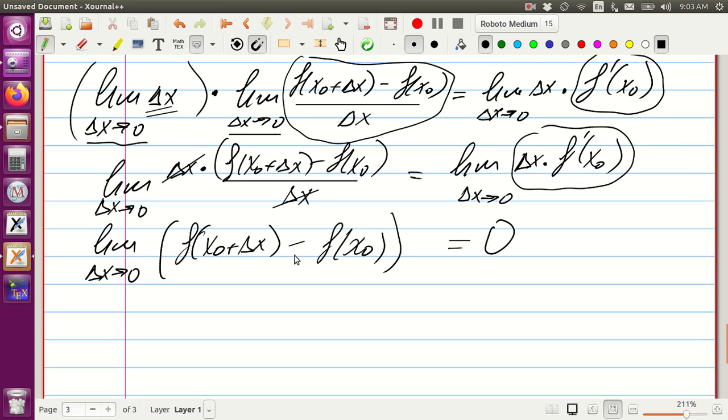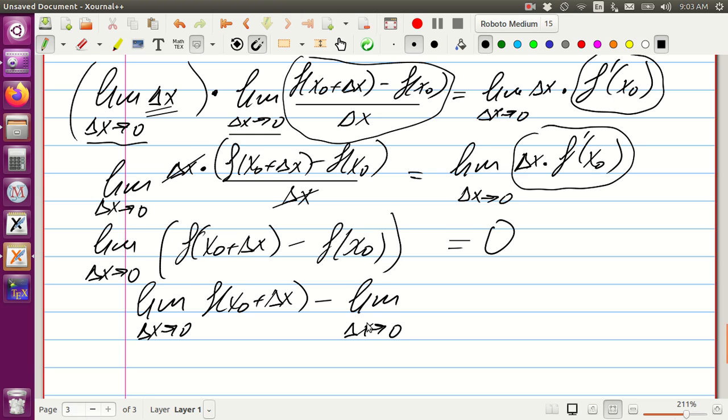But since it's a difference in between, we can split it into two limits. So we have limit when delta x goes to 0 of f of x sub 0 plus delta x minus the limit when delta x goes to 0 of f of x sub 0 equal to 0.